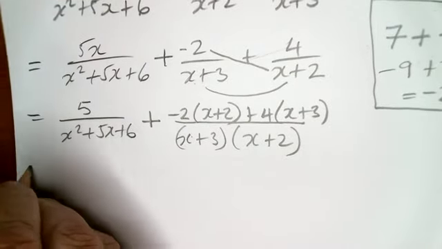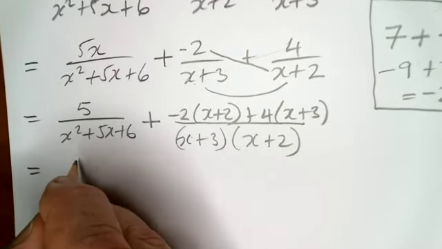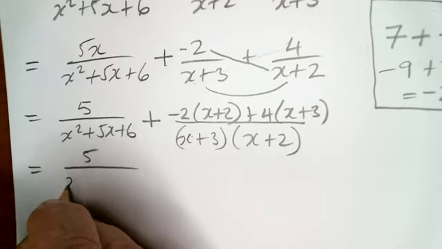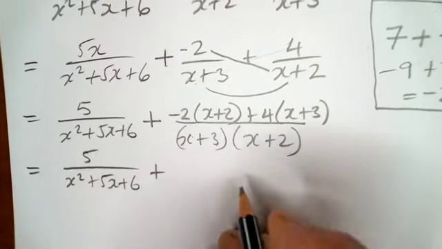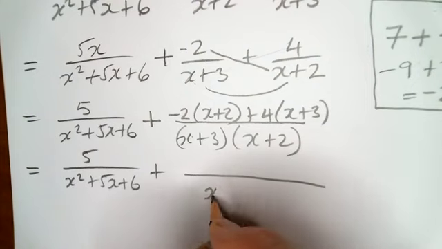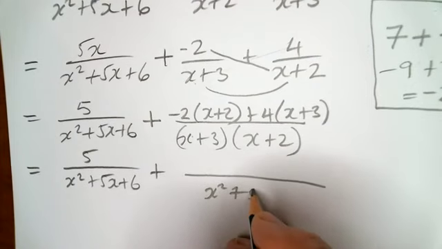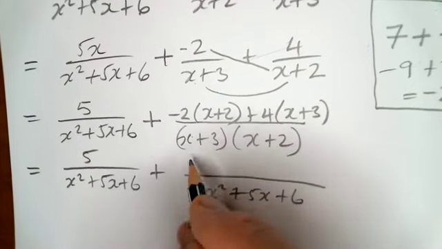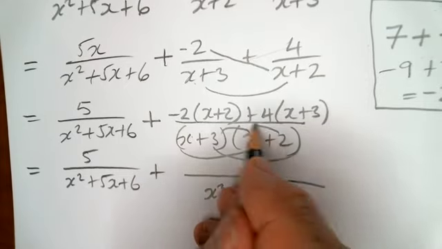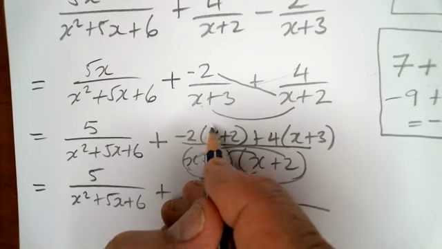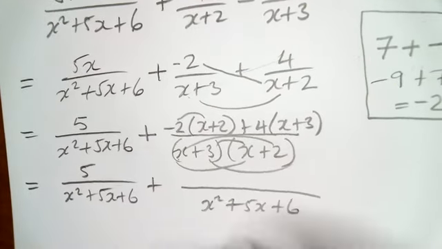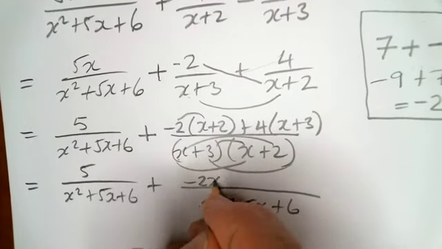All right, next line, what do we end up with? Well, we've got the same thing here again. There's a 5x over x squared plus 5x plus 6. On the bottom here, we've still got an x squared plus 5x plus 6. Now I've just expanded this out in the normal way. Now we're going to multiply all this out. Negative 2 times x is negative 2x.